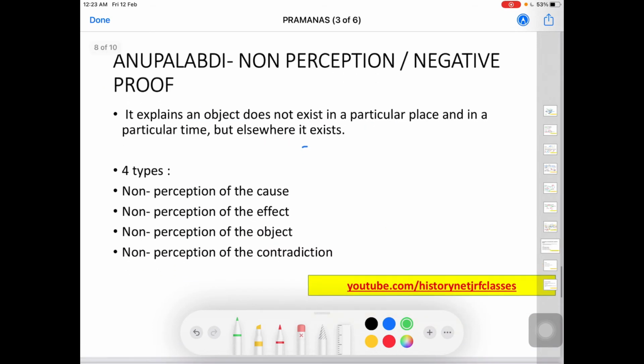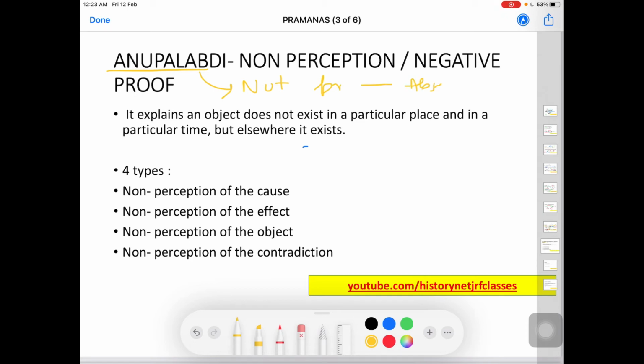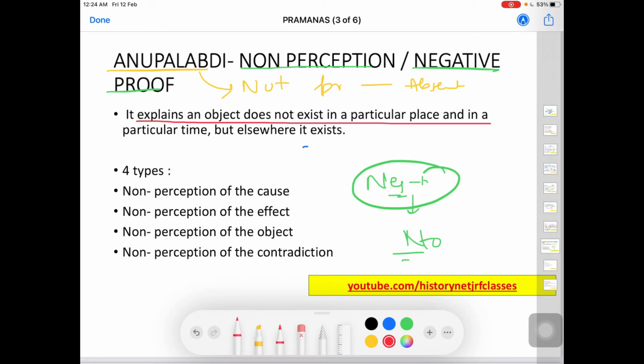Next is Anuplabdhi. Anuplabdhi in English means not present, that is, something which is absent. So it is non-perception or negative proof. The sentences under Anuplabdhi will always have a negative word; they will sense negativity, they will sense no. It explains that an object does not exist in a particular place and at a particular time, but elsewhere it exists.